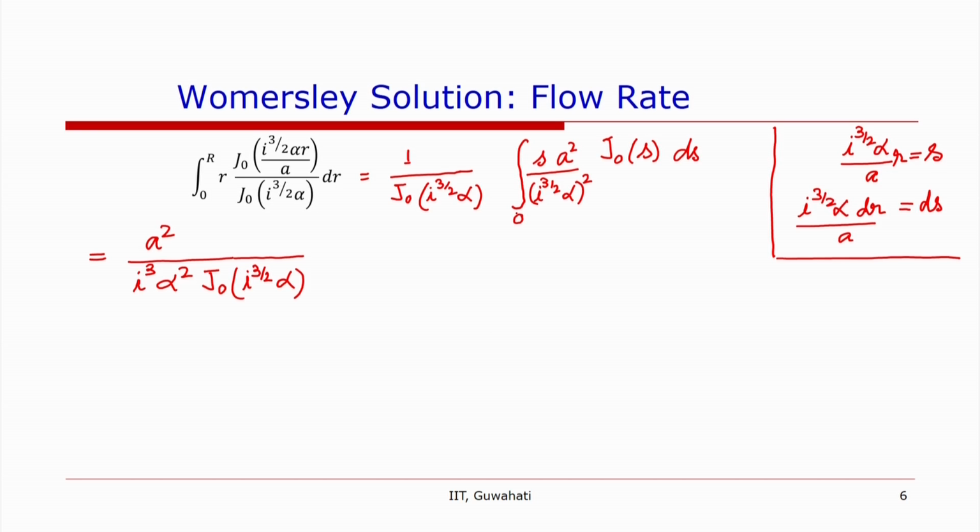So integral 0 to when r is equal to small a, because we are using a for the radius. So i to the power 3 by 2 alpha a over a, so that will be 1. These are the limits.